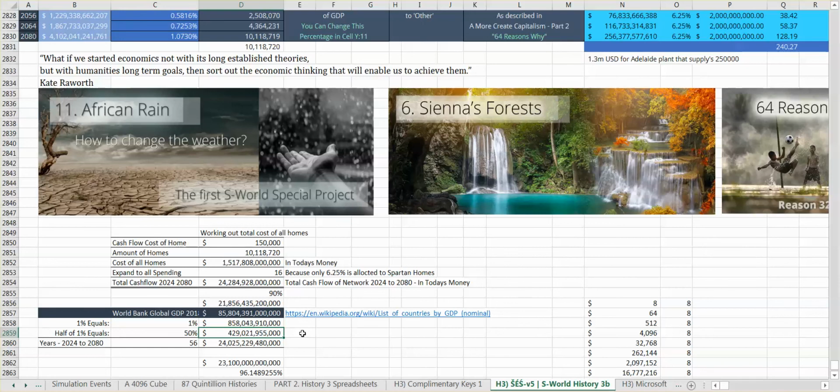So we take a country with 0.5%, so that might be like Norway or UAE, they're around about there, and then we times their annual GDP by 56, because it's 56 years. And that equals 24 as well. So there's two different sets of figures giving us 24 trillion. So that's why I'm sort of like, okay, yeah, that'll do.